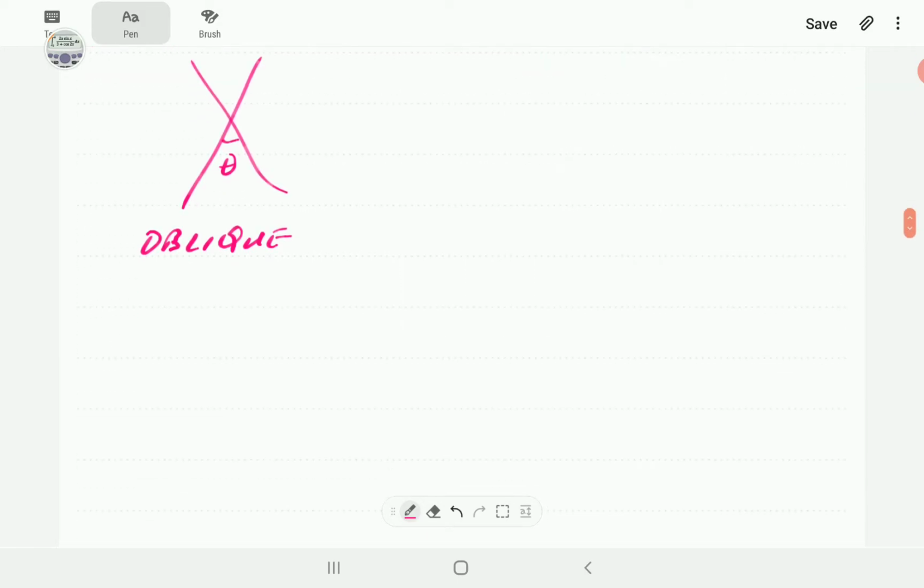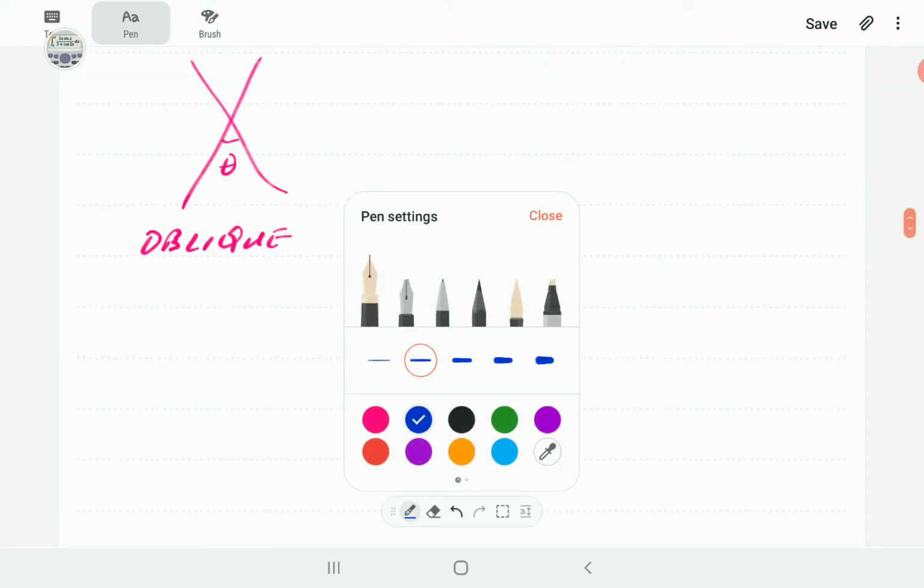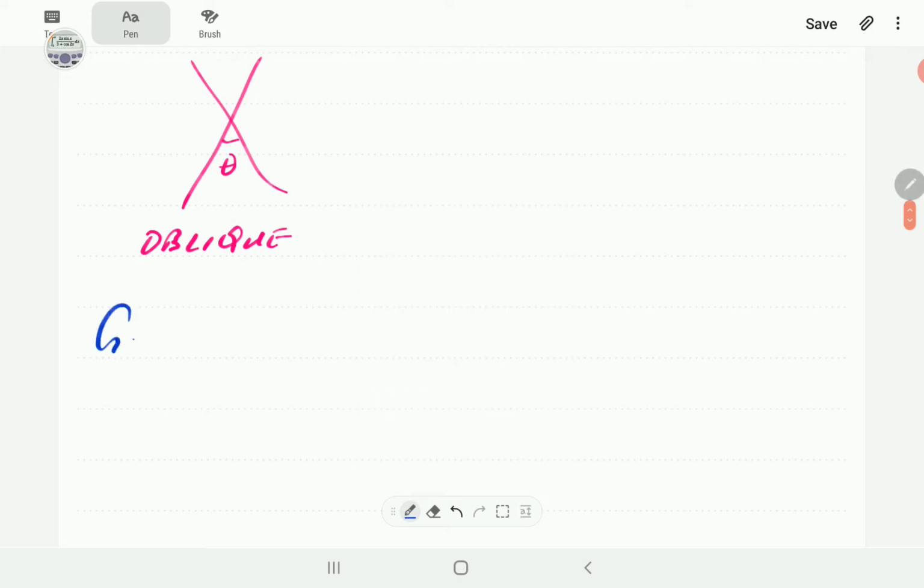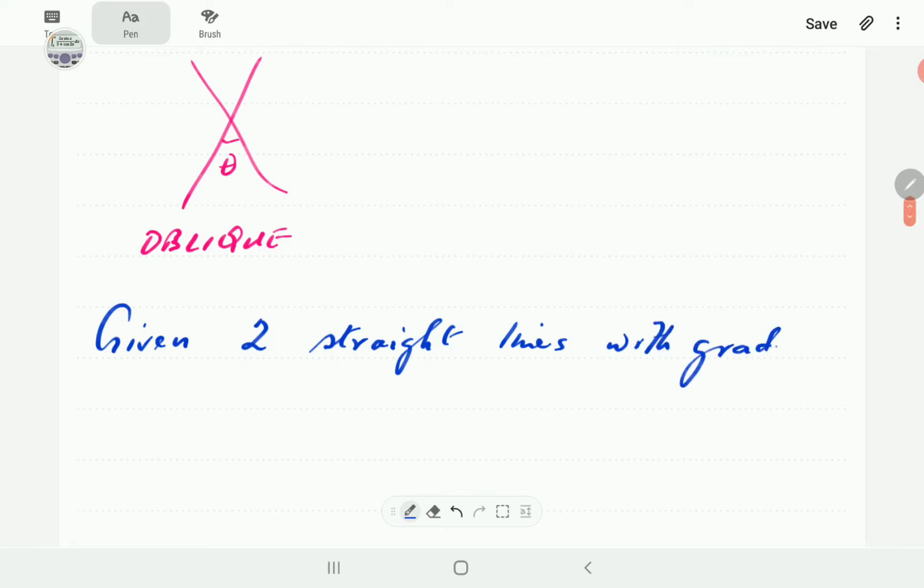Now, algebraically, given two straight lines with gradients, suppose the gradient of the one line is m1 and the gradient of the other one is m2 respectively.